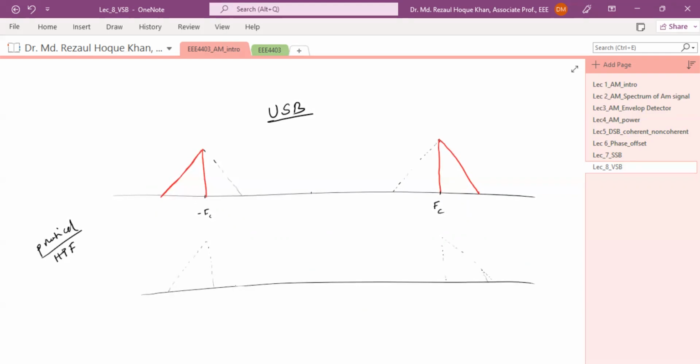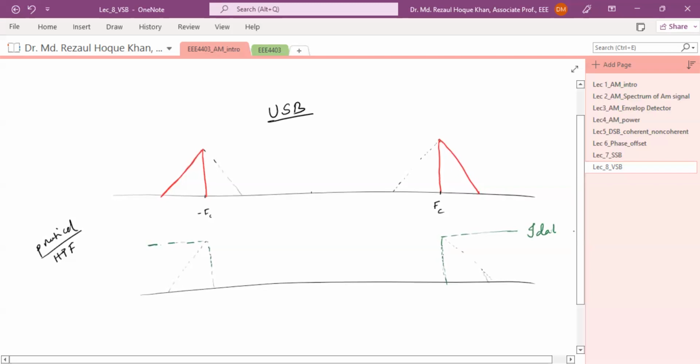In an ideal high pass filter, this would be the response of the high pass filter.